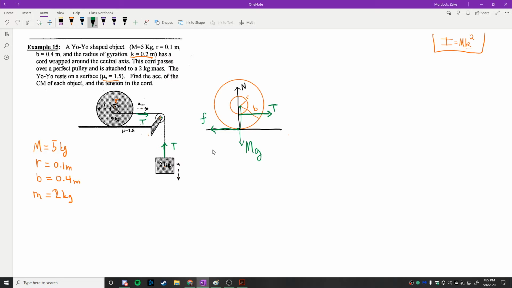One other thing to figure out here is, based on the way the spool's designed, which way is the object actually going to roll? Roll to the left? Counterclockwise, maybe? Counterclockwise would be like that, right?